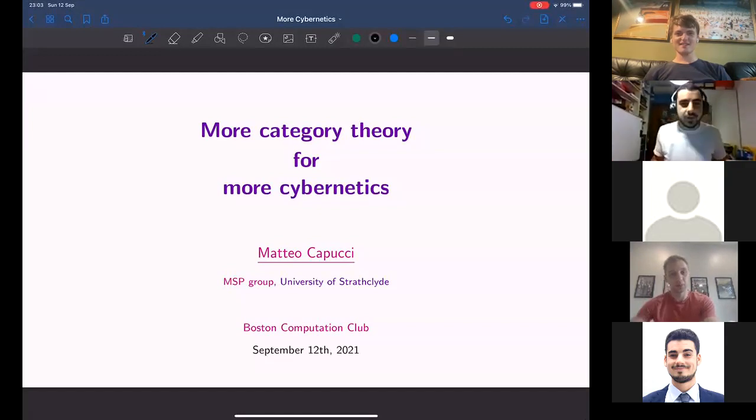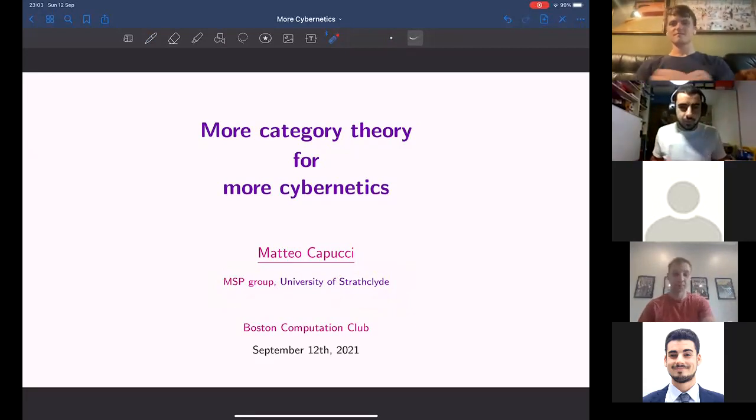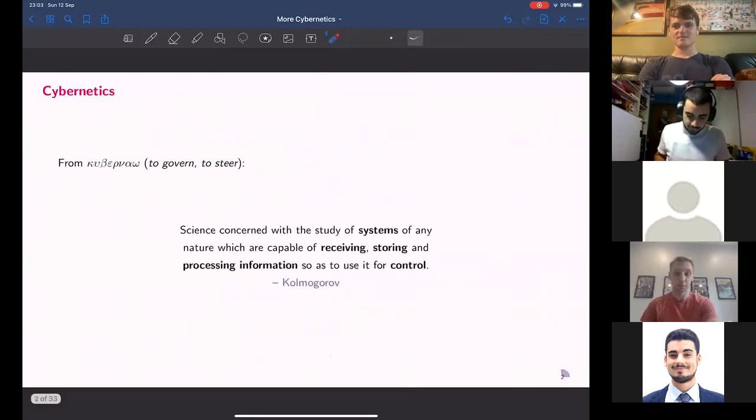This is going to be a talk about cybernetics and how we at Strathclyde, this little university in Glasgow, and in particular in the MSP group, Jules Hedges is from the same group and was already at your seminar, see it from the point of view of category theory, or the way we'd like to describe cybernetics using category theory.